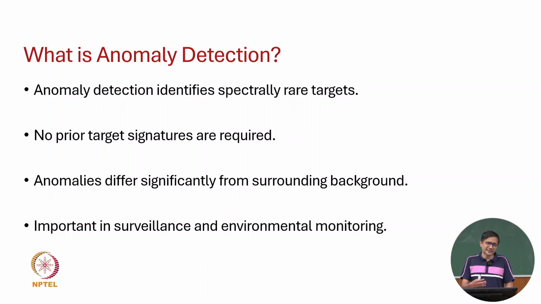If we had a target signature, this would become more of a target detection task rather than an anomaly detection task. Anomalies differ significantly from the surrounding background. It has importance in several applications like surveillance and environmental monitoring. We'll come to that again.